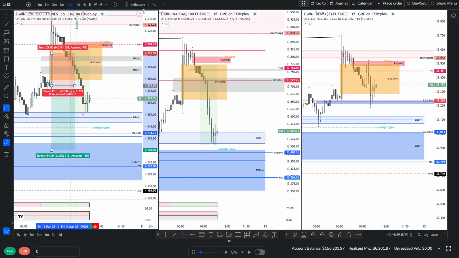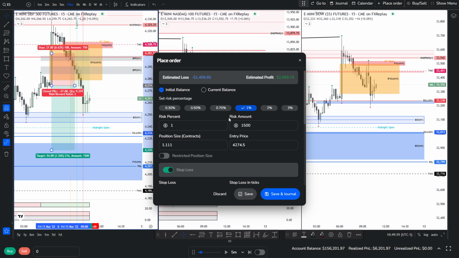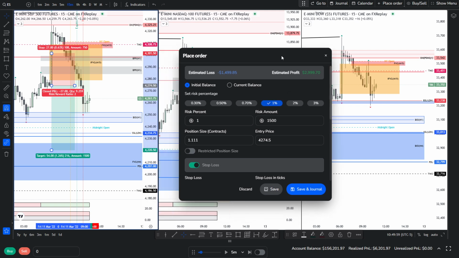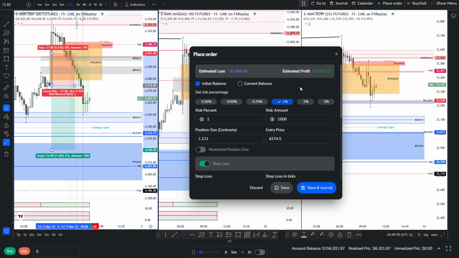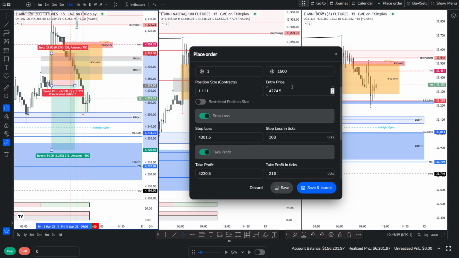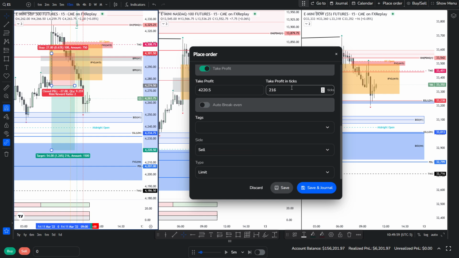So, you know, I am going to place that short. Let's just make sure we've got that. We do. Yeah. Sell limit. Save and journal.